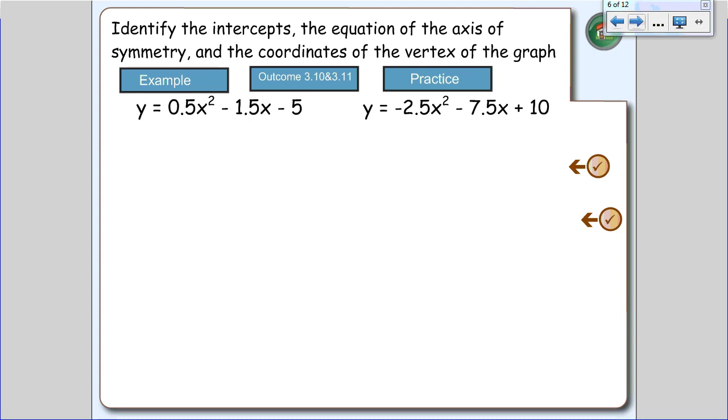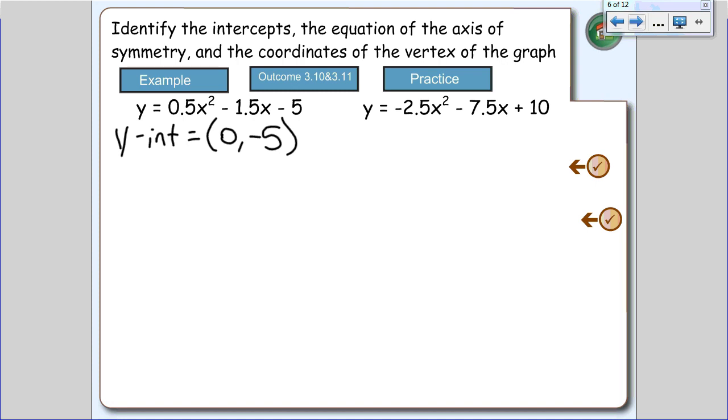Okay, let's do the first one as a group. Where's the y-intercept? Where's Dante? It's 0. The y-intercept. 0, -5. Remember, if you get given a y-intercept, the x value is 0. Good job. What else do we know?